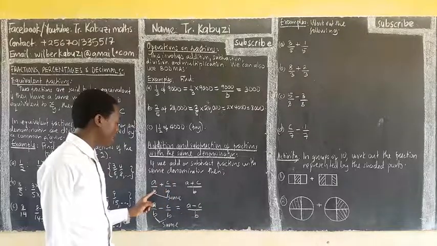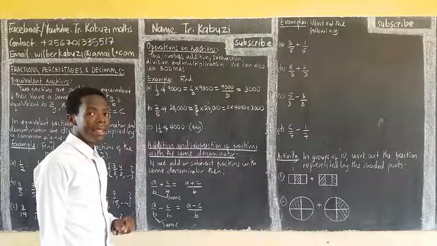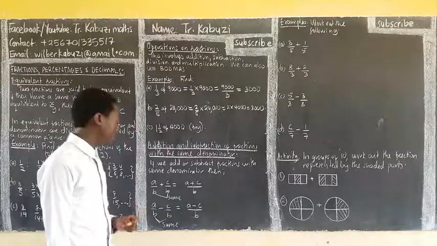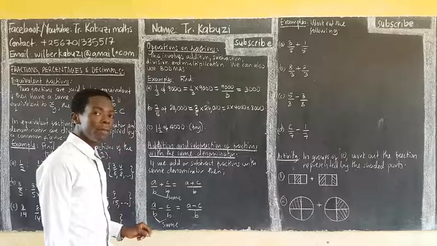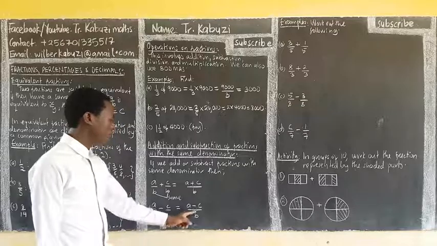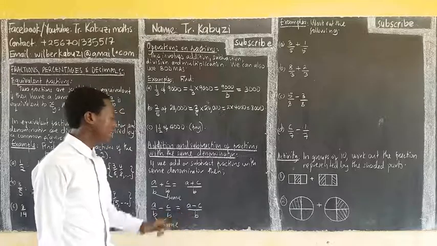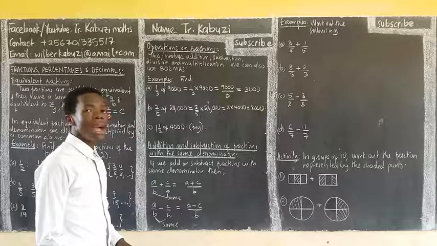So you say this is going to be a plus c, all over the common denominator, the same denominator. The same happens if you come to subtraction. You see this and this, they are the same. So you get a minus c, the numerators over the denominator there, as you are going to see.